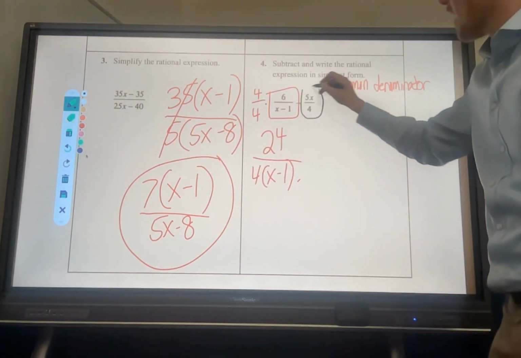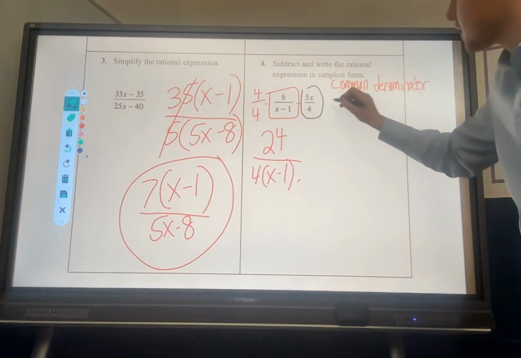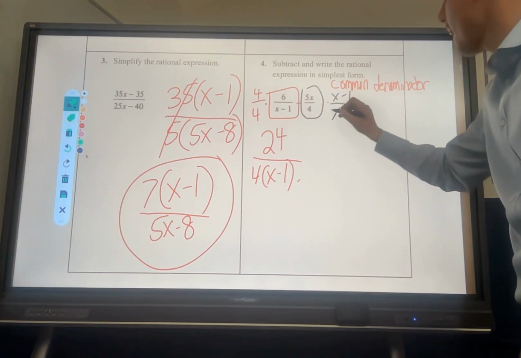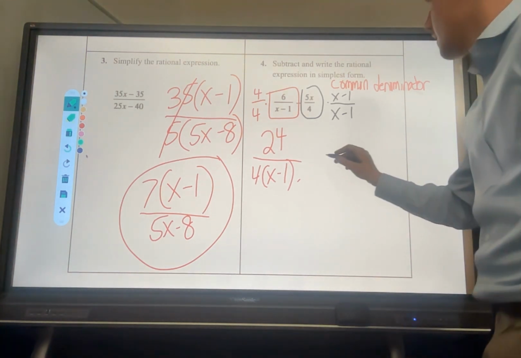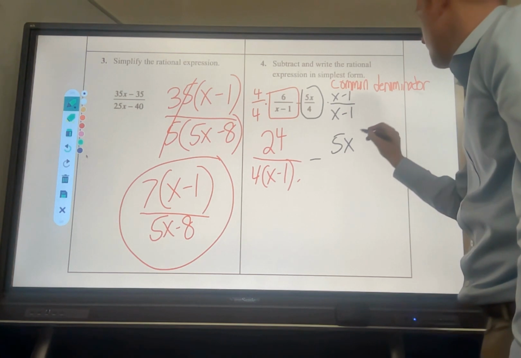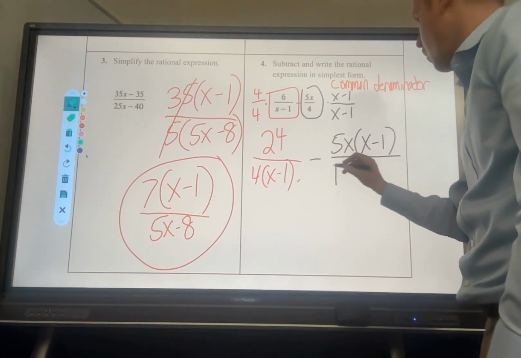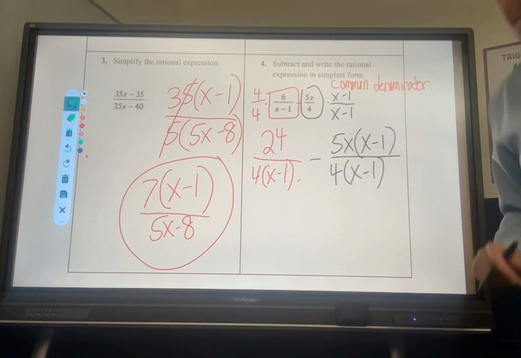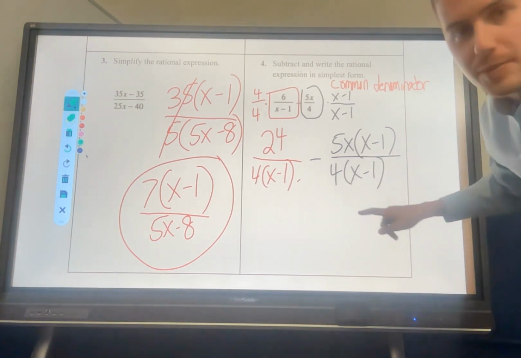To get our other fraction to look like the denominator in this fraction, we're going to need to multiply the top and the bottom by x minus 1. So I'll multiply the top and the bottom by x minus 1. And what I'm left with is 5x times x minus 1 all over 4 times x minus 1.